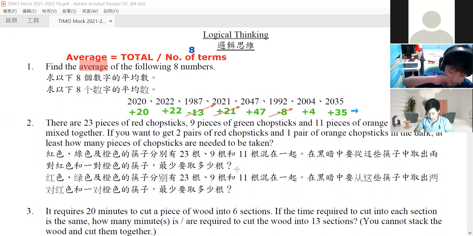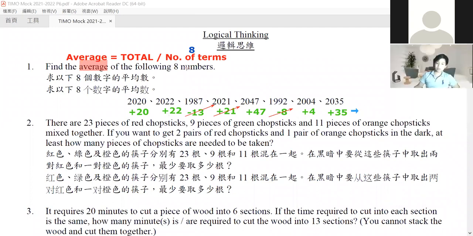So all you need to do is just sum all the others. For example, 22 plus 47 plus 4 equals 69 plus 4, which is 73. 73 plus 35 is 108, plus 20, and hence it would equal plus 128.